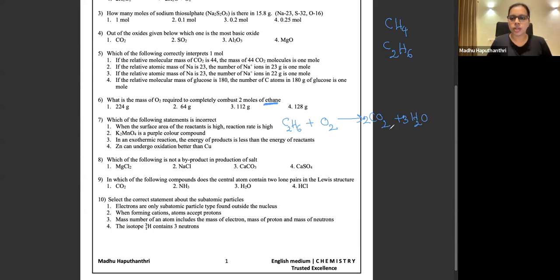Then oxygens altogether, here 4 oxygens, with this 7 altogether. Because we have 2 here, I can put it as 7 by 2. Again, don't forget, I'm asking for 2 moles of ethane. So this balancing is covering only 1 ethane. I need to cover 2 ethanes, so I have to multiply the entire reaction by 2.